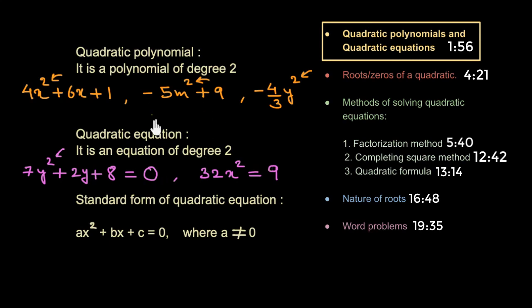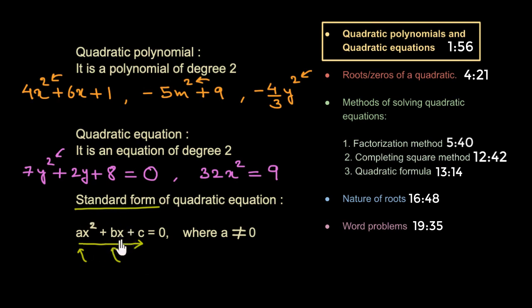So now once we know what they are, let's see what we mean by the standard form of a quadratic equation. When you write all the terms of the quadratic polynomial on one side and equate that to 0, and the terms are written in such a fashion that the powers of x are in decreasing order, you get ax² + bx + c = 0. Here you can see that a is the coefficient of x², b is the coefficient of x, and c is the constant value, the term without any x.